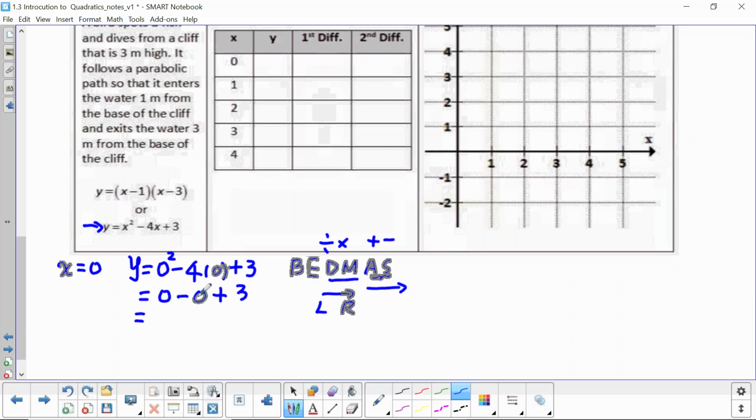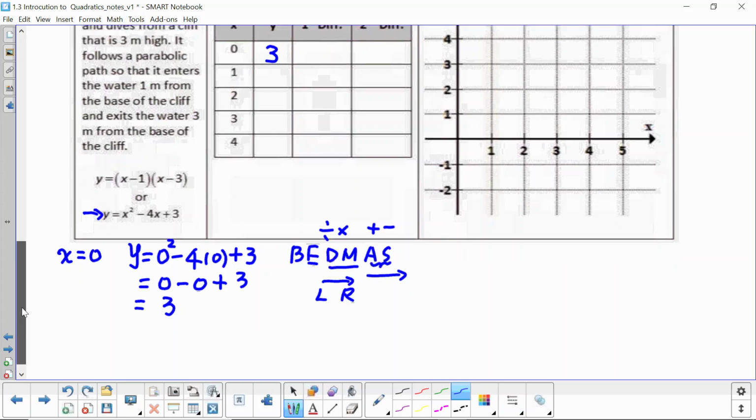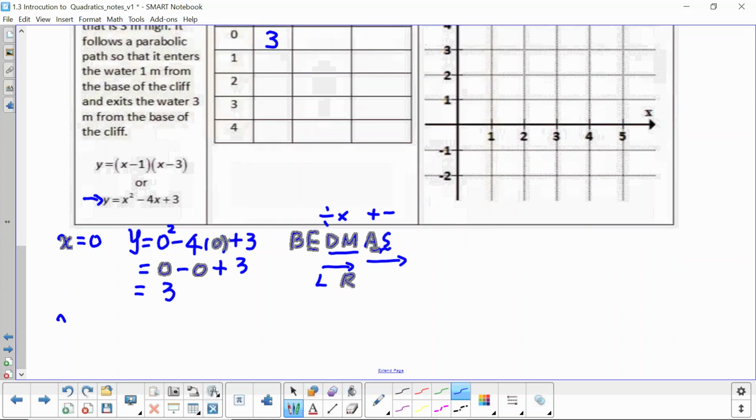So 0 minus 0 gives you 0. 0 plus 3 gives you 3. Then this is 1 point. 0, 3 is the first point. Then we are going to do x equals 1. We sub in 1 to this expression, replacing the x with 1.